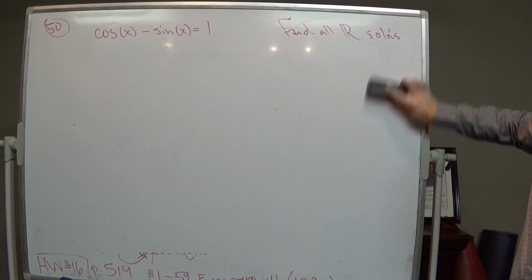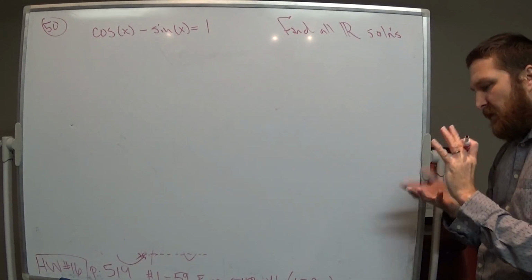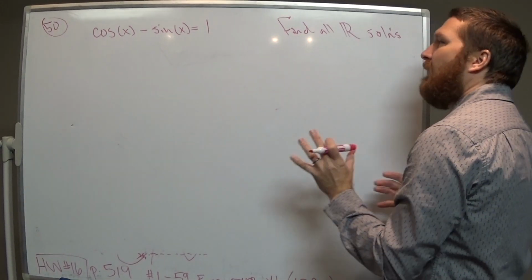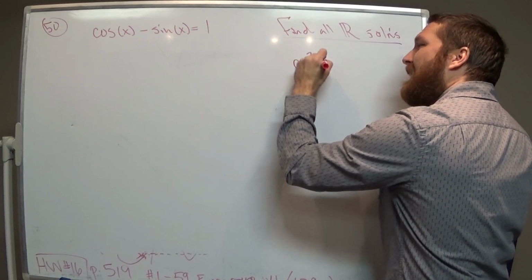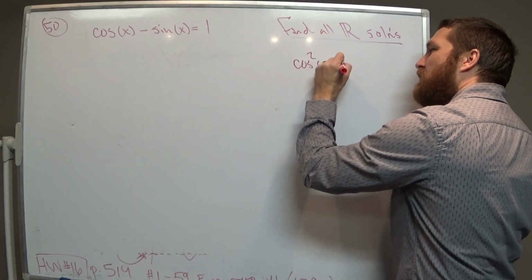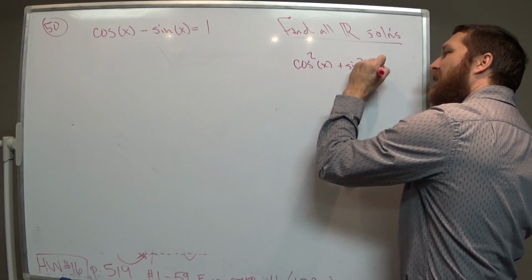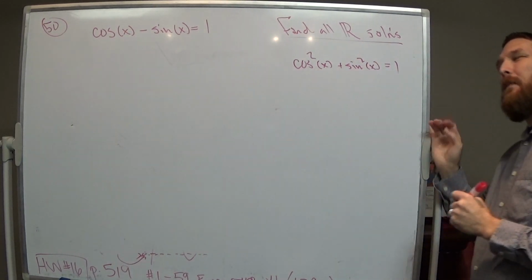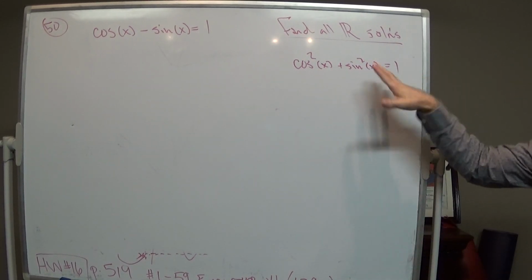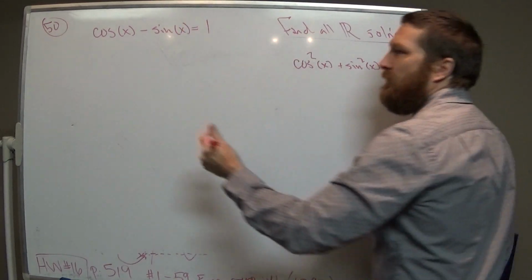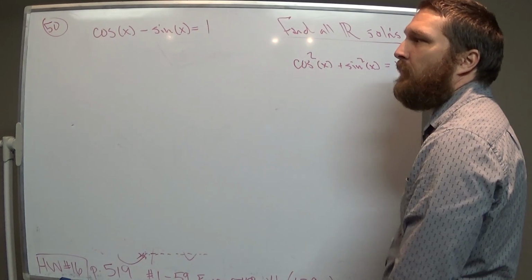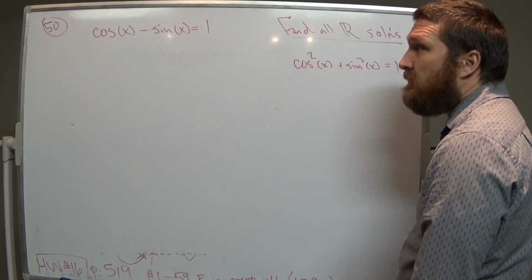But then you remember, cosine and sine are related. There's an equation that basically what we started off with. And it's that cosine squared plus sine squared is equal to 1. And so I'm thinking, you know what? If I could get these things to be squared, the first thing I'm going to do, now I could just square both sides, and you'll get somewhere.